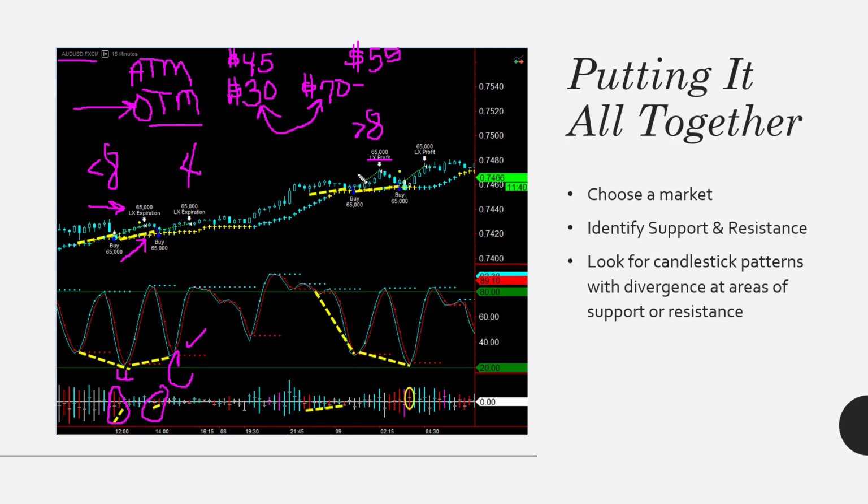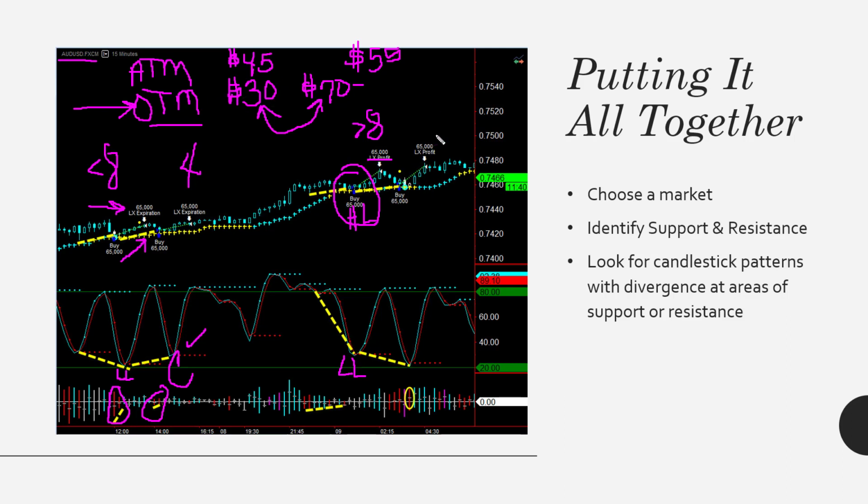Then when you come over here, you get another entry, and again you can see you're making higher lows in price, but you're making lower lows on the stochastics. Okay, again, go 1 strike out, and you would be able to capture $70 in profit, provided you're able to get it for $30 in risk.